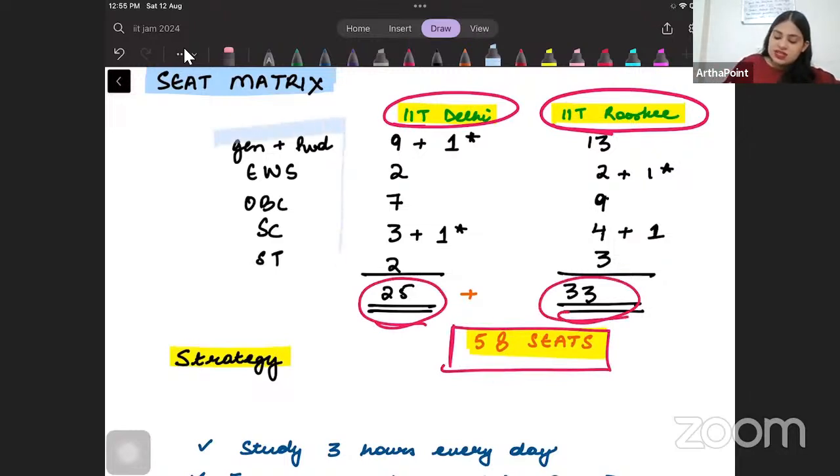These are the seats available for different categories, and you can just have a screenshot of this and keep it with you. ठीक है? So this is the, इसका मतलब ये नहीं है कि और कहीं पे IIT ऑफर नहीं हो रहा है.